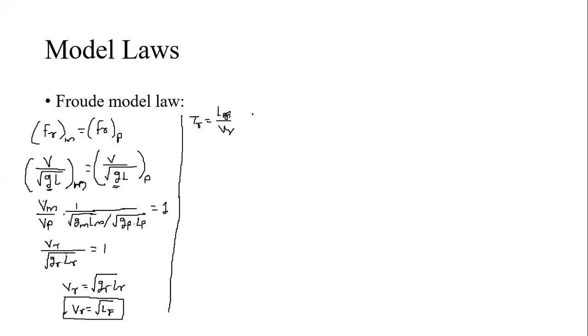How did I write Lr by Vr here? What do we know? Velocity is equal to length upon time, isn't it? Velocity is the rate of change of length with respect to time. So T will equal L by V. Just now in the form of Vr I had written over here Lr, in the form of ratios. So that is, Tr is equal to the length scale ratio divided by the velocity scale ratio.